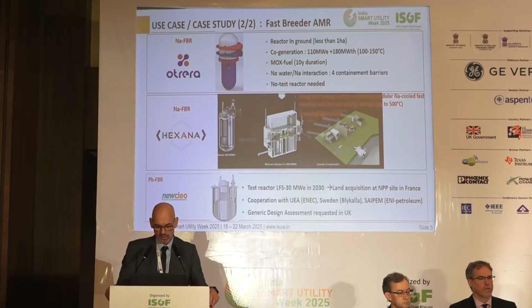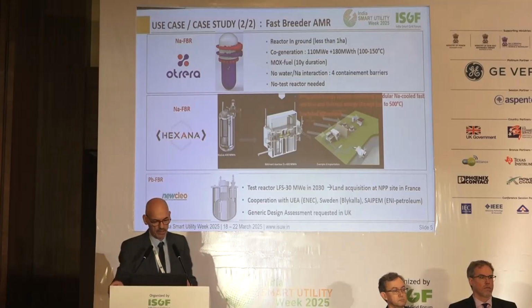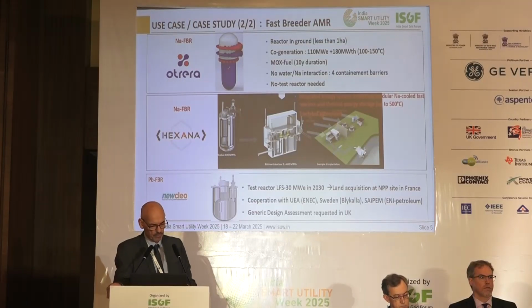It's already in cooperation with other countries, ENEC in UAE, Sweden, and also with Saipem, an Italian petroleum company. And also a generic design assessment was requested in the UK. So this is one of the opportunities to work with other countries already.